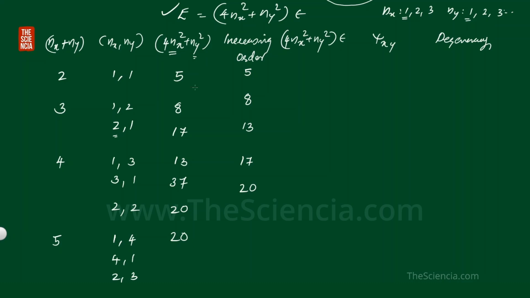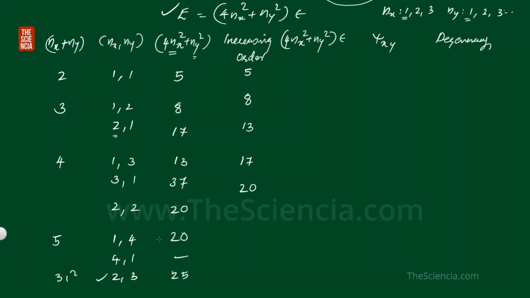Now we can consider the other term, that is 2 and 3. When we substitute 2 for nx, it will be 4 into 4, that is 16, plus 3 square, that is 25, right? Similarly, you will get a value for the other one, and you can take the other combination, that is 3, 2, and so on.